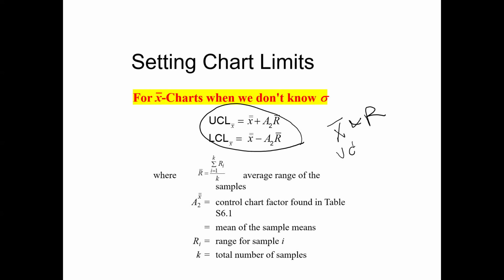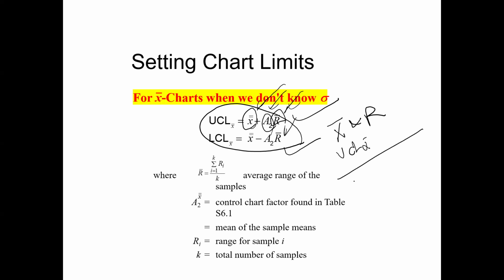To calculate the upper control limit for X bar, this equation; the lower control limit is this equation. First, we start by finding the X double bar and then find the A2 from the table, and I showed you the table. Then find R bar from the data we are given, and then plug in the information here and here.